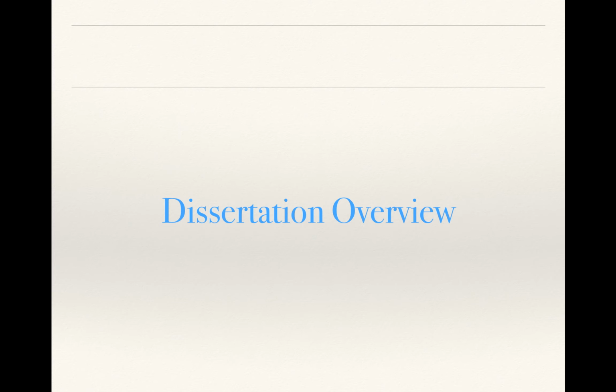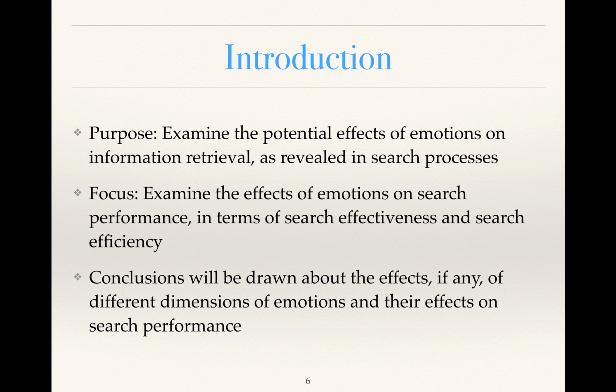So for the first part, let's just have an overview of the dissertation. The purpose of the dissertation is to examine any potential effects of different dimensions of emotion on information retrieval, more specifically when it comes to web search performance and web search processes for the purpose of my study.